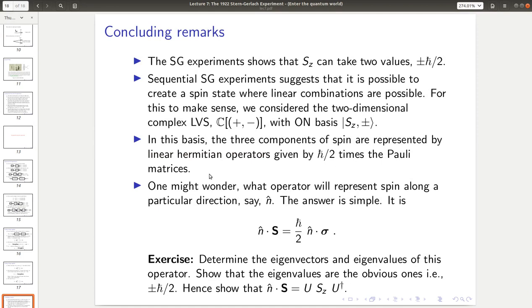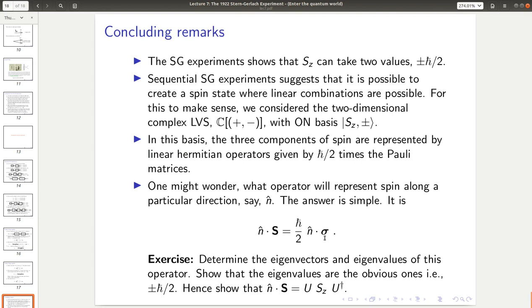One might wonder, of course, x, y, and z, there's nothing special about them. What about the spin operator along an n hat direction? I'll just write something without proof. This object, n hat dot S, the projection of spin along n, is just h cross by 2 times n dot sigma.